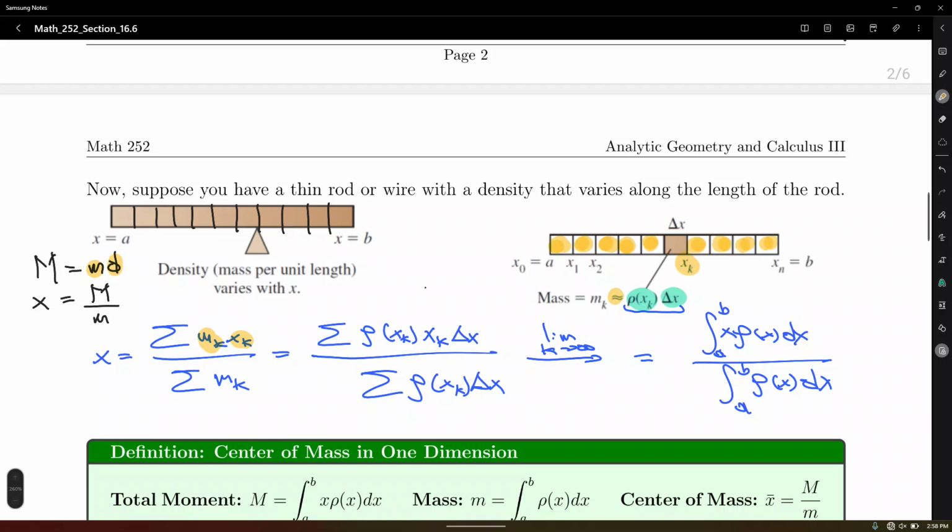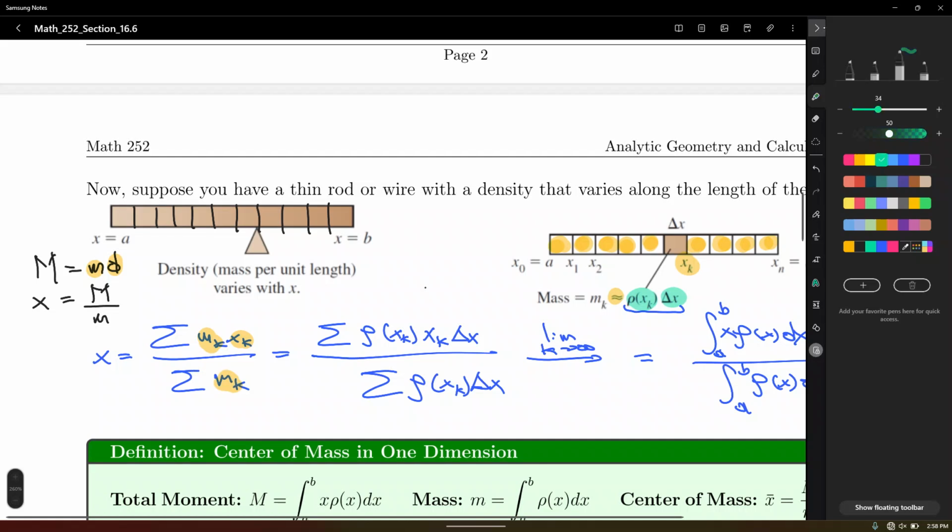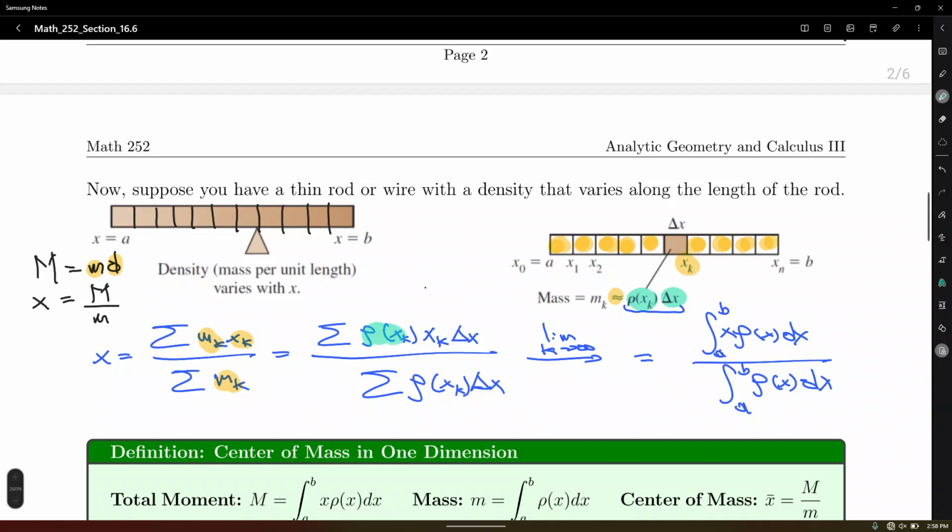All right, so representing this in terms of functions, this density function is what describes the density of the material. This delta x is the length of the partition of the wire that we're using to come up with this formulation.